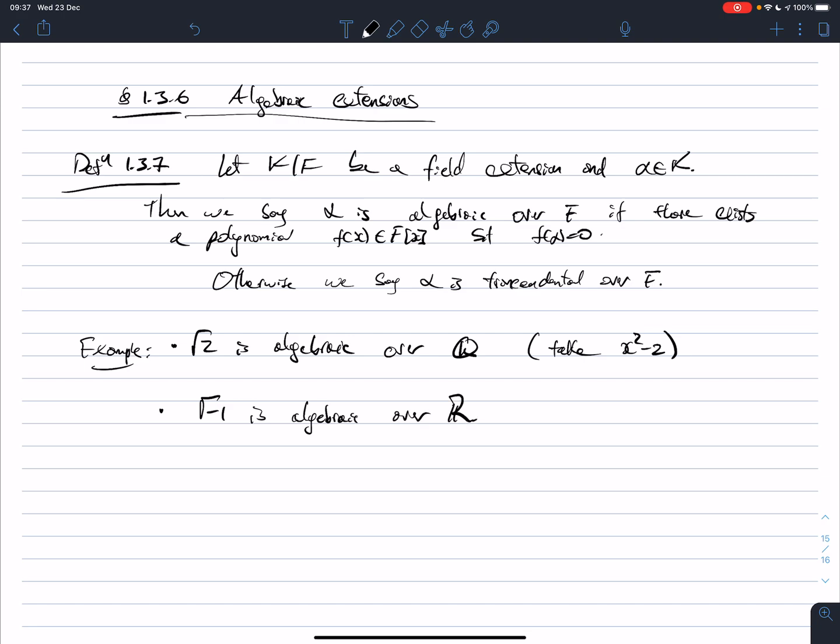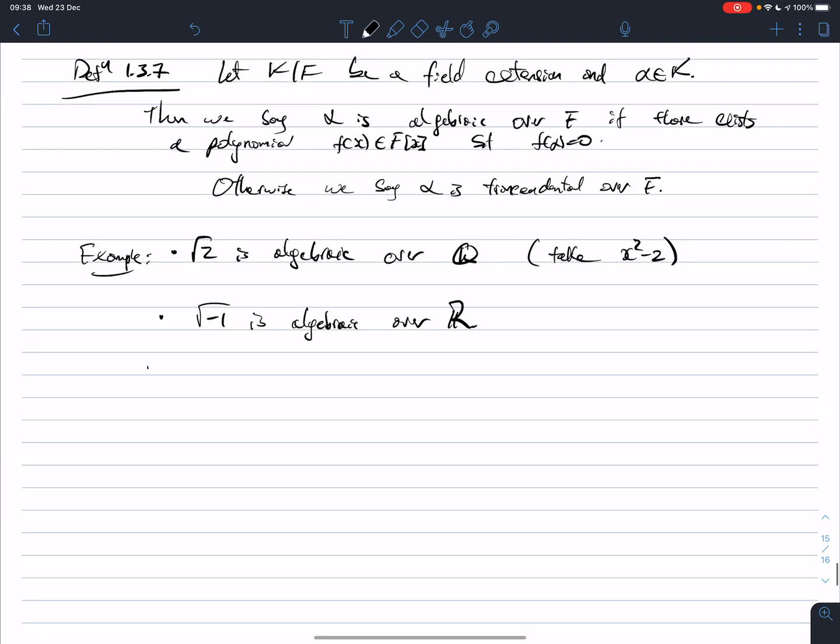We know this. And for example, pi and e are transcendental over the rational numbers. Notice that these numbers are real numbers, so they aren't transcendental over the real numbers, but they are transcendental over Q.